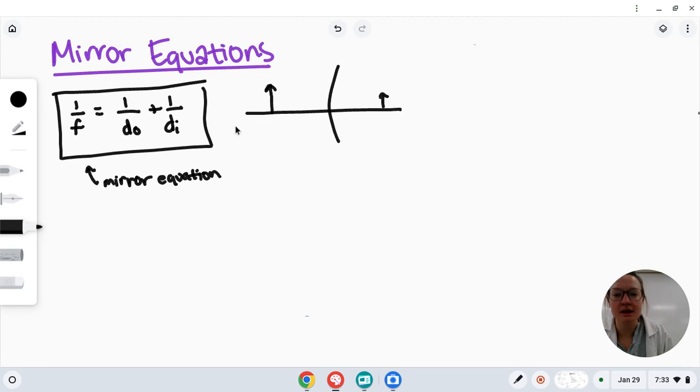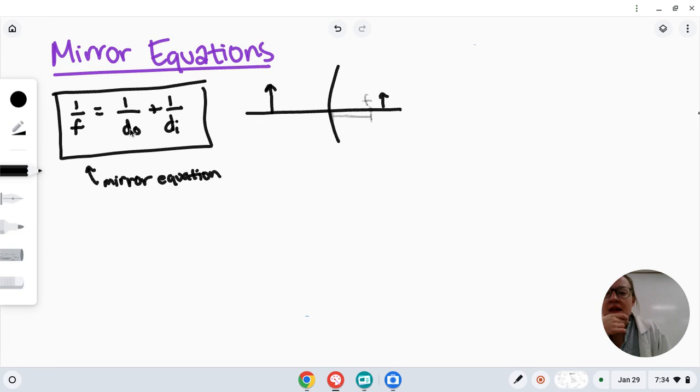If you have a nice diverging mirror like this one, the focal length, as you know, is going to be that distance from the mirror to wherever the focal point of the mirror is. That's our focal length right there. I'm just making this up here, obviously this isn't the real focal point.